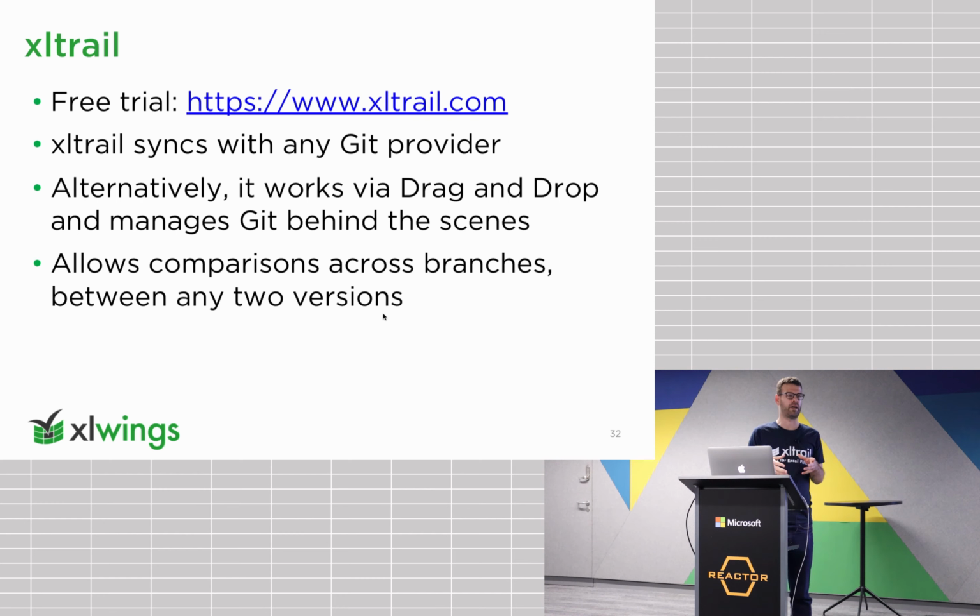It works by either synchronizing with an existing Git provider, so it can hook up with GitHub or BitBucket or whatever you use internally or externally. And then alternatively, for business users who couldn't be bothered to learn the basics of Git, there's a drag and drop mechanism that allows you to have the Git repository shielded away in the background. And you can compare anything that you have there.